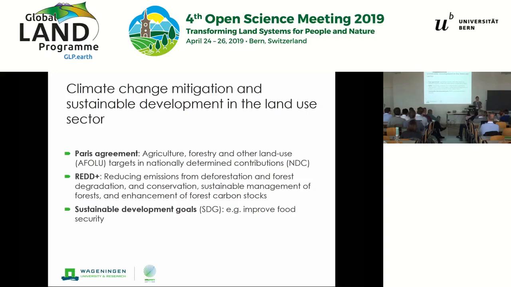Also, of course, REDD+ targets tropical forest countries, and REDD+ is more about reducing emissions from deforestation and forest degradation. And then, of course, the Sustainable Development Goals, where, again, in these regions improving food security is still quite important and has a big link to the land use sector.